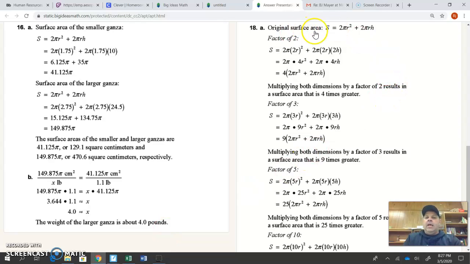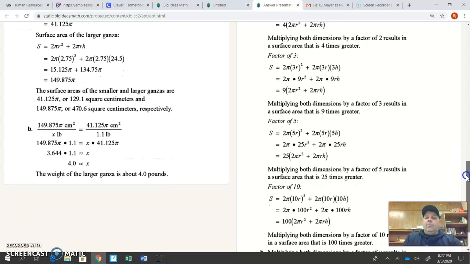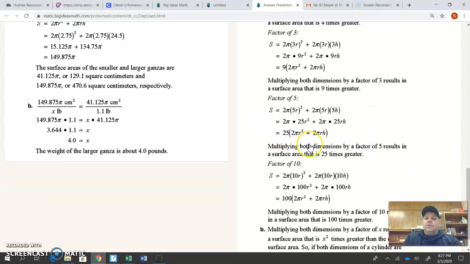In 18a, multiplying both dimensions by the factor of 2 results in a surface area that is 4 times greater. If we multiply everything by 3, that makes it 9 times greater. If we multiply it by 5, we get 25 times bigger.